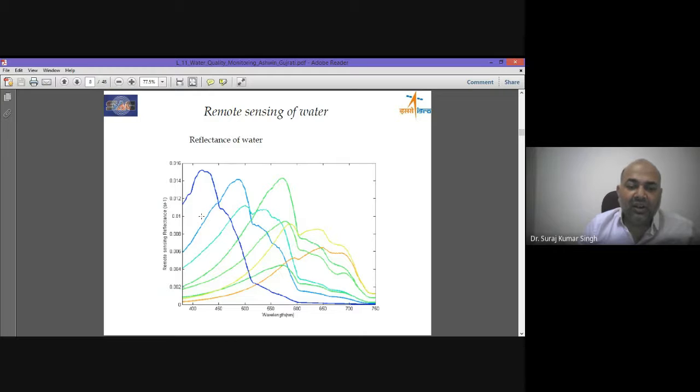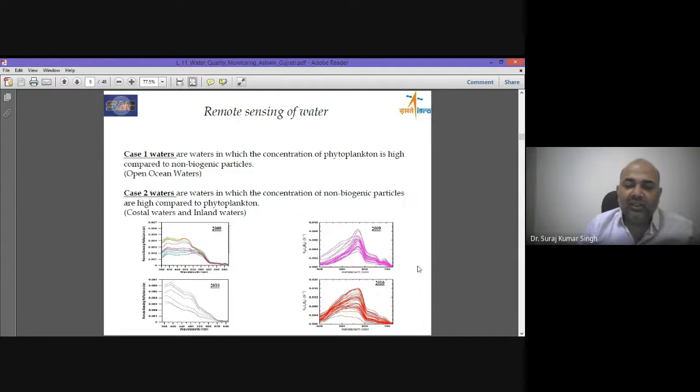So you can see how the reflectance behavior of different water varies according to the graph. Case 1 is water with a concentration of phytoplankton high compared to non-biogenic particles.